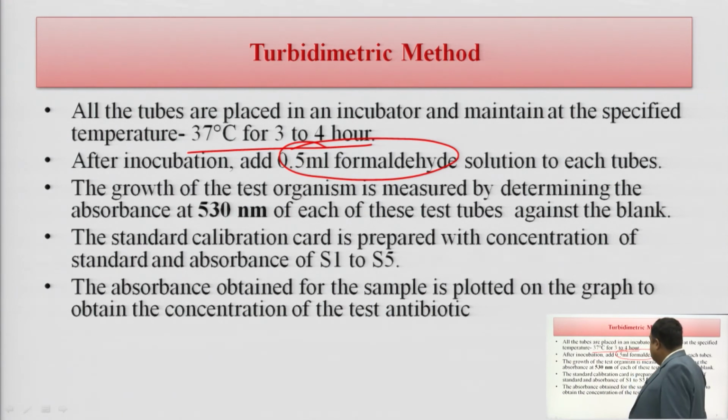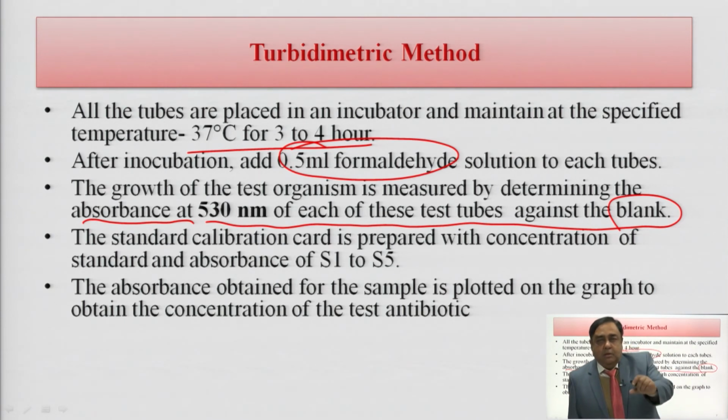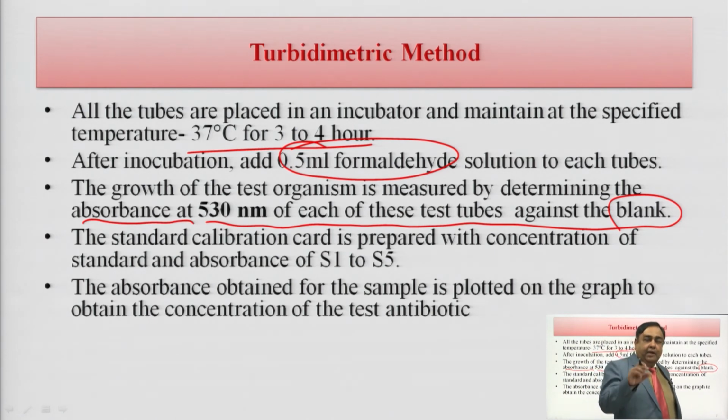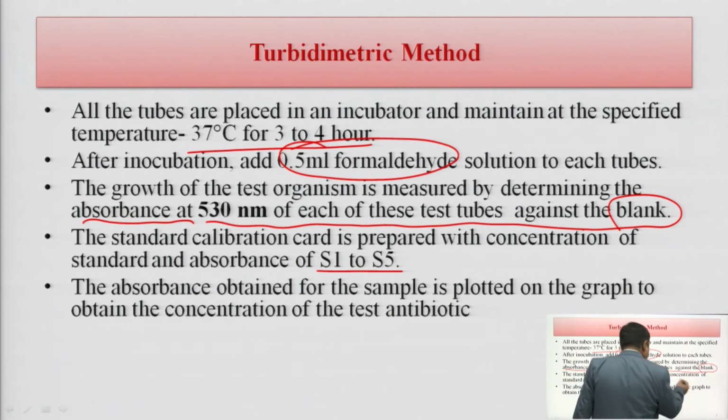Then you measure the absorbance at 530 nanometer for each of the test tubes, keeping blank. Initially you set the spectrophotometer reading adjusted at 530 nanometer with the blank, and then one by one you measure the value of absorbance for S1 to S5, and also you measure for the S sample.